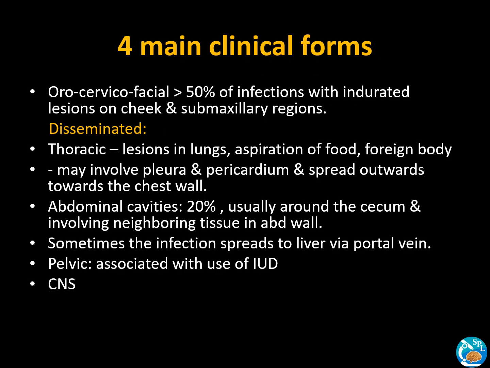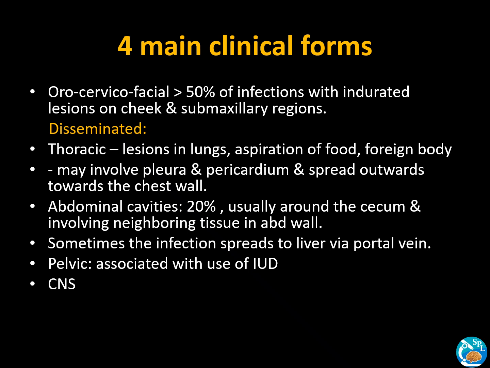There are four main clinical forms. The most common is orocervicofacial, which accounts for more than 50% of actinomycosis infections. These are indurated lesions over the cheek and the submaxillary regions. It is caused by poor oral hygiene, leading to gingivitis and periodontitis.